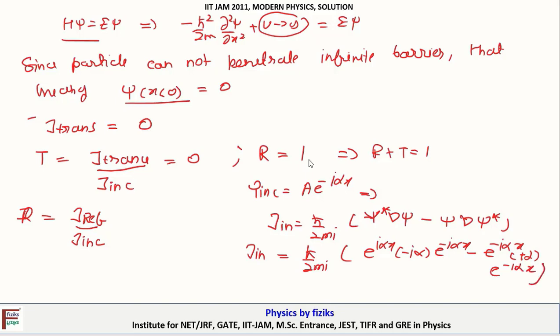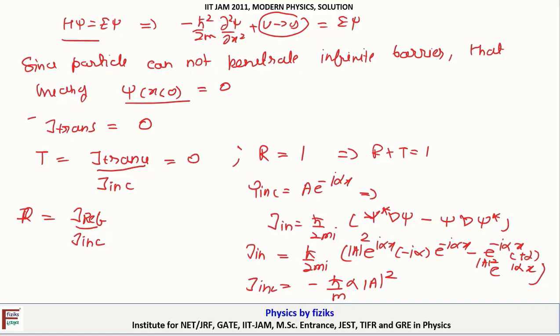Note this term is not minus but positive. So I would have minus of h cross alpha by m, since mod A square is common here, into mod A square.